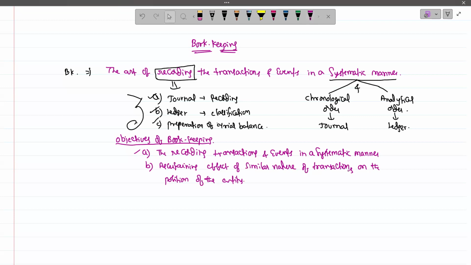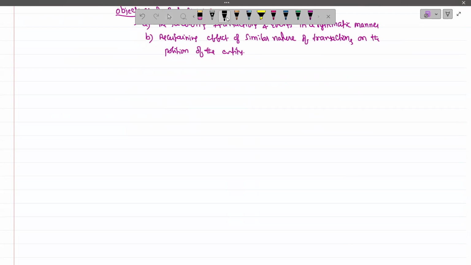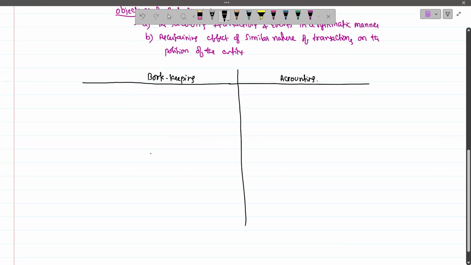Okay. And before going to the types of bookkeeping, first of all, what is the difference between bookkeeping and accounting?